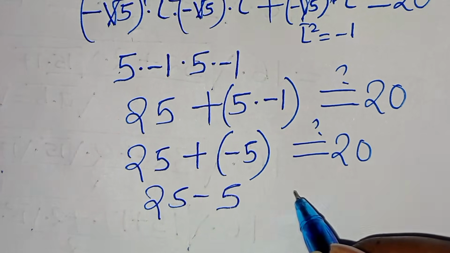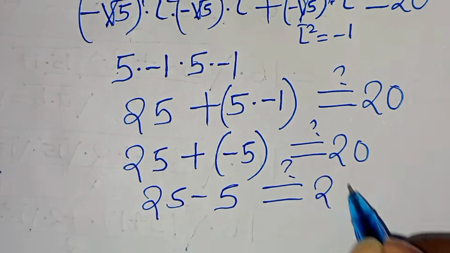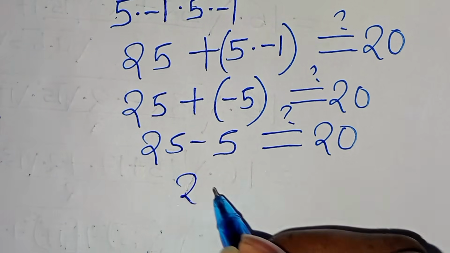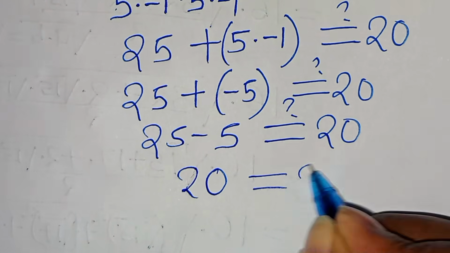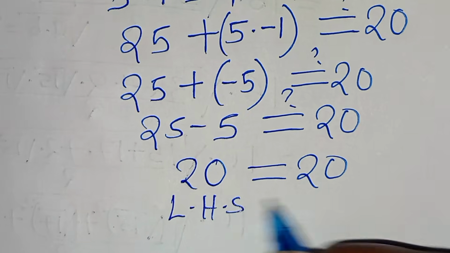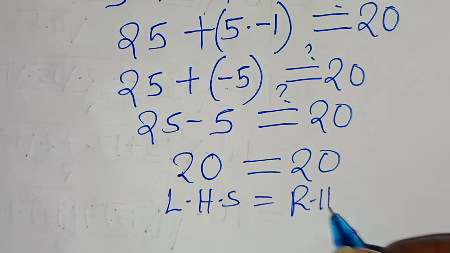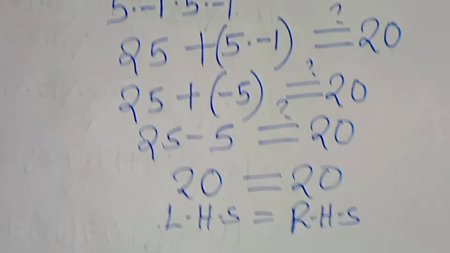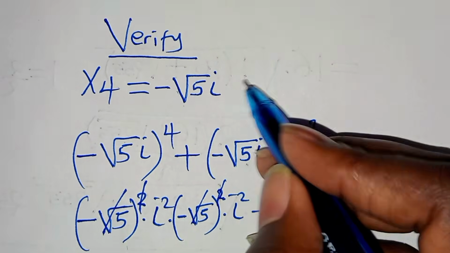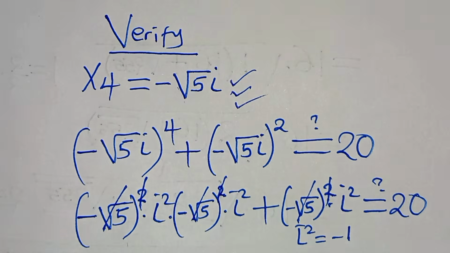So 25 minus 5 is equal to 20, which is equal to 20. So the left hand side is equal to the right hand side, and this proves that x4, which is minus square root of 5i, also satisfies the equation.